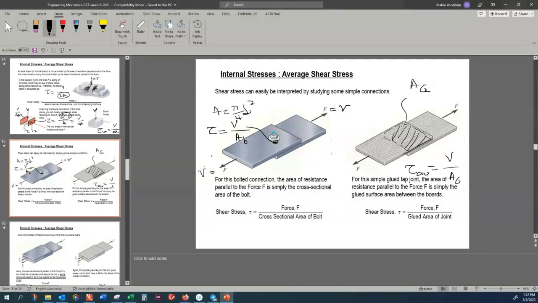This time it is the area of the glue. So we know that the larger the denominator, the smaller the outcome. So here I can say that the stress of wood is smaller than the stress of bolt.